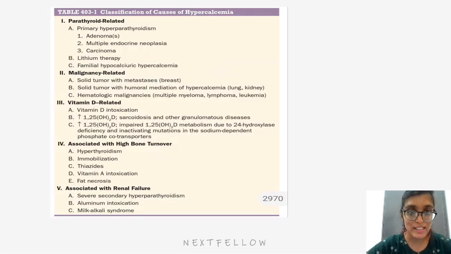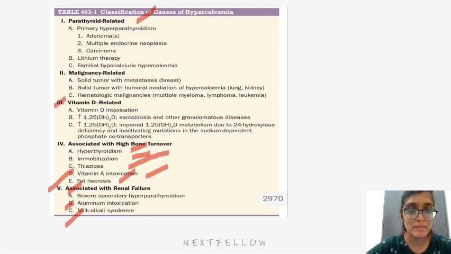Now coming to the classification of causes of hypercalcemia. One is very simple, associated with renal failure, that is secondary hyperparathyroidism, aluminum intoxication and milk alkali syndrome. Associated with high bone turnover, that is hyperthyroidism, immobilization, thiazides, vitamin A intoxication and fat necrosis.